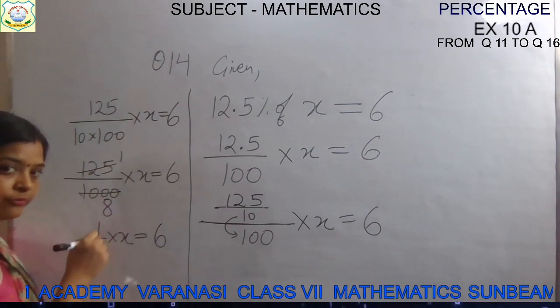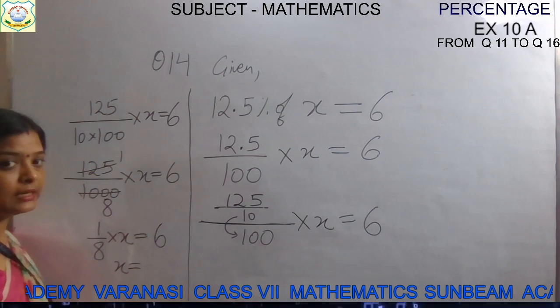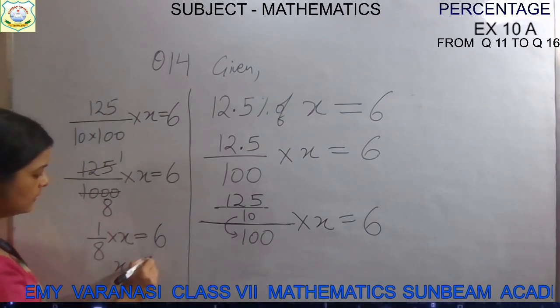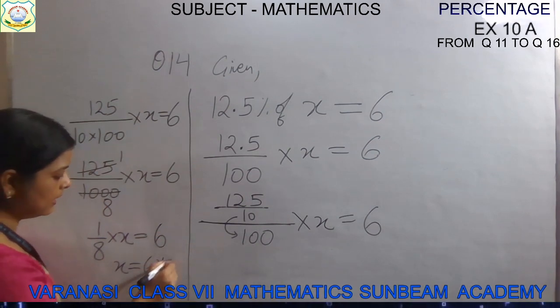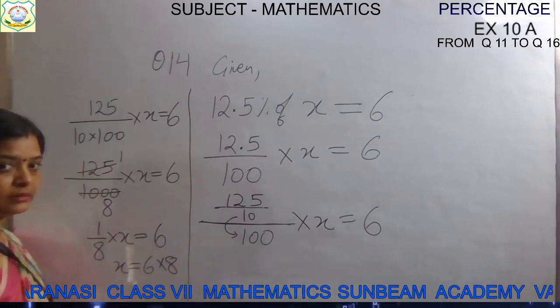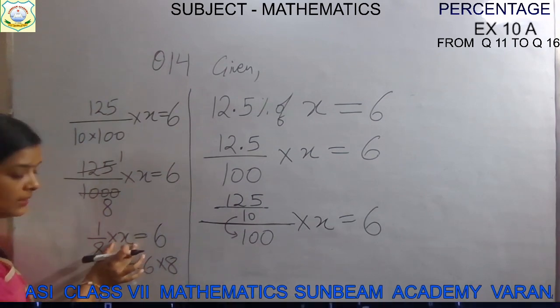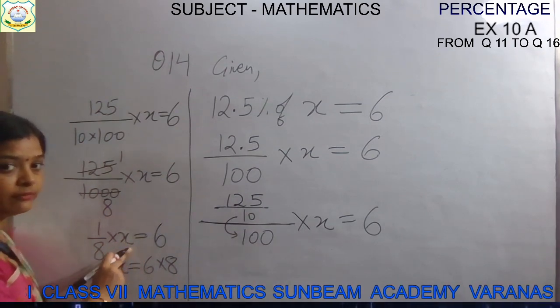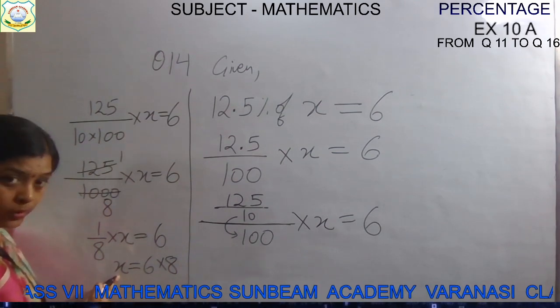And now when you further simplify it, x is equal to 6. This 8 will transpose here and it will multiply. Clear? It is in the denominator, in multiplication with x. We have to find the value of x, so we will keep x alone.